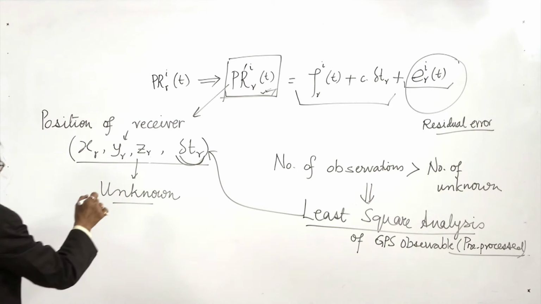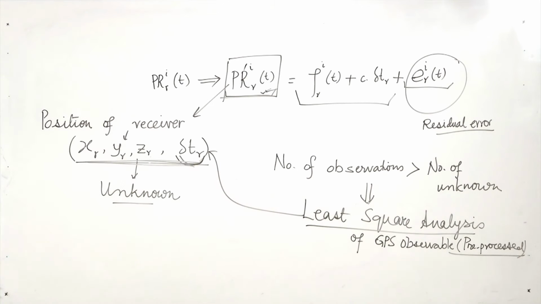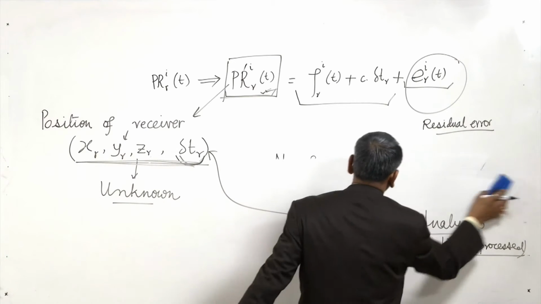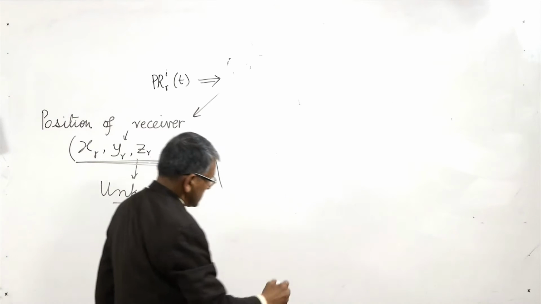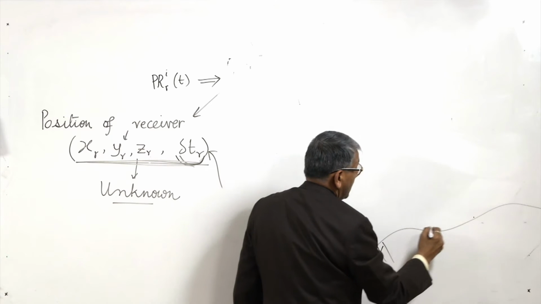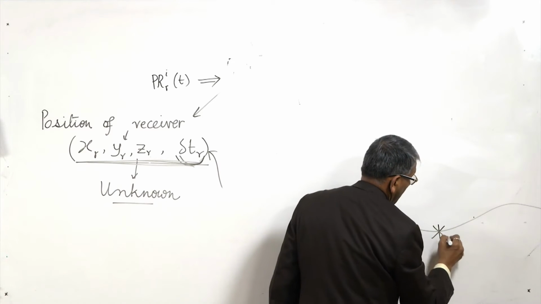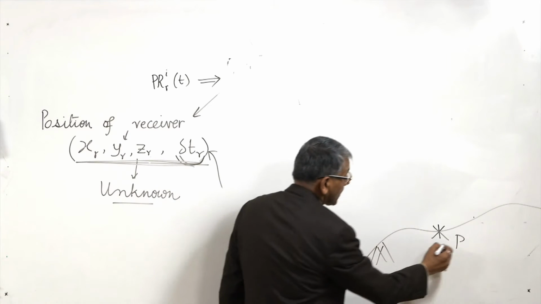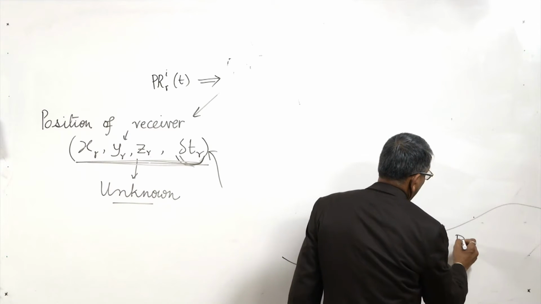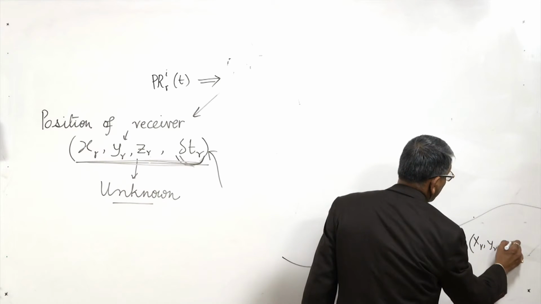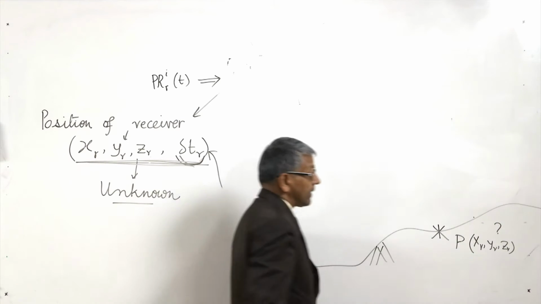Now suppose these are the unknowns, and as you know the signals are coming. Suppose this is the terrain and this is the point P whose position xr, yr, zr we need to determine.